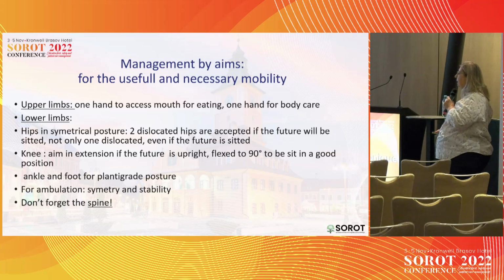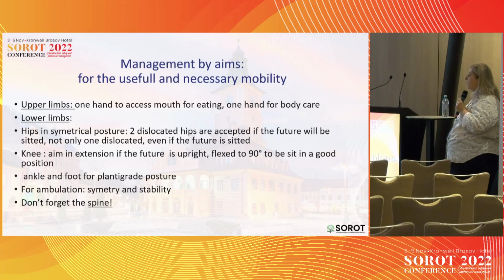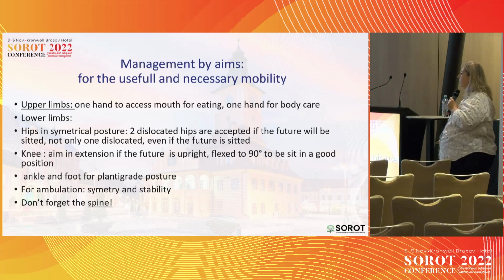In the upper limb, we think about one hand for eating, one hand for body care. In the lower limbs, for ambulation, we need symmetry and stability. In the hips, we only try to have a symmetrical posture.